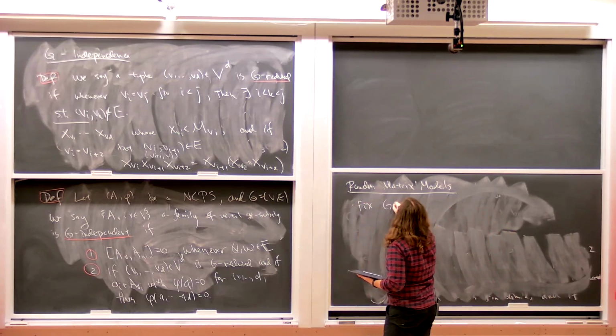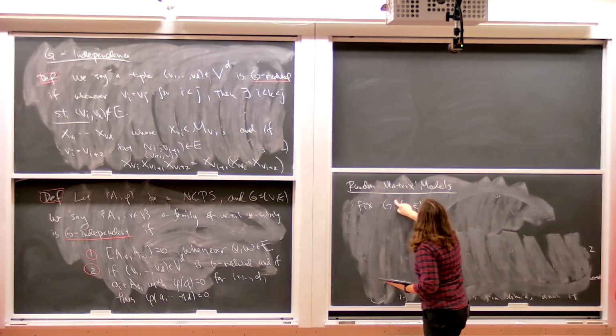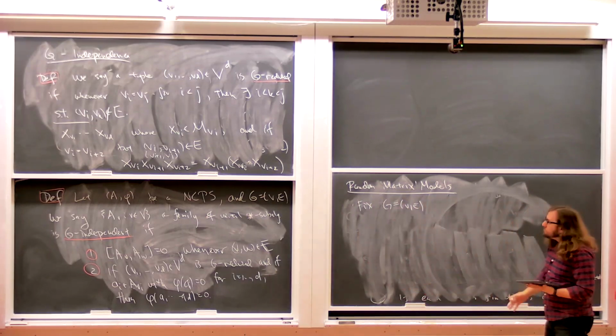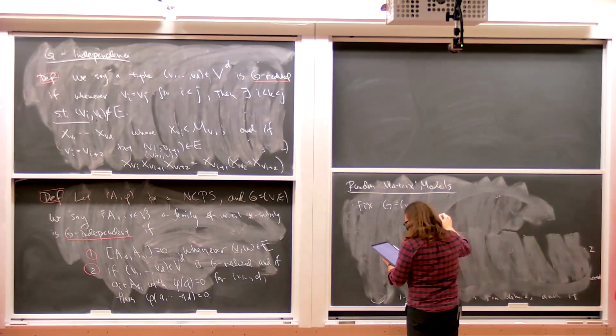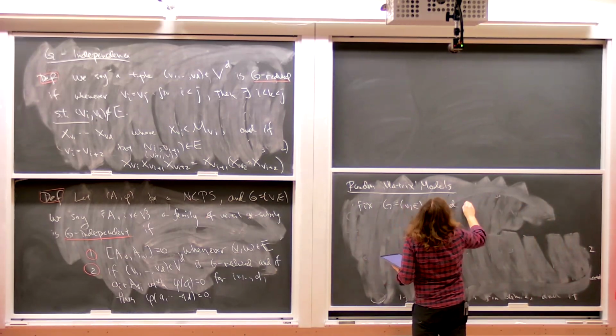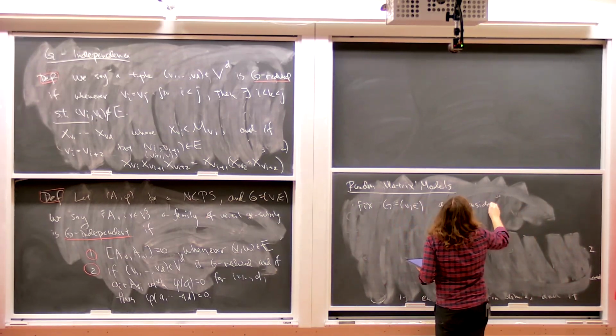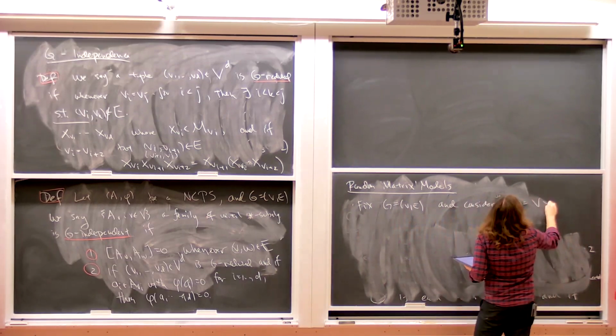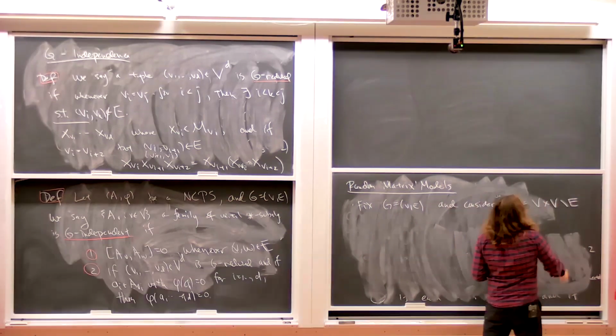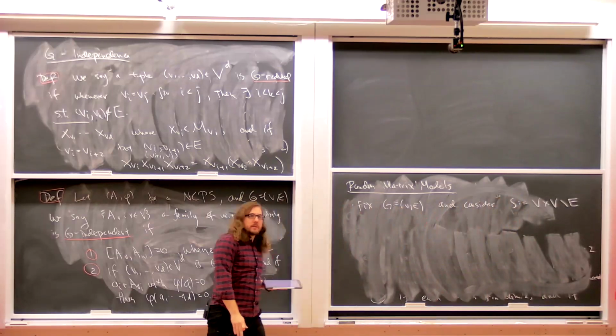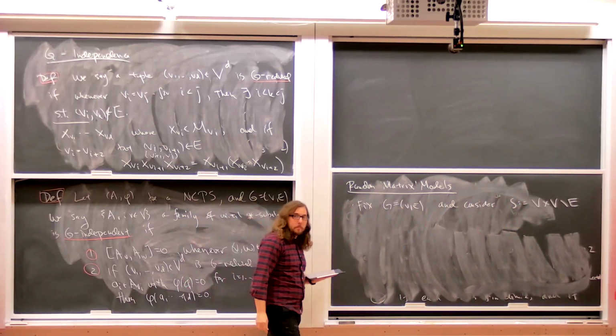So let's fix our graph. And then let me just write this. Let's consider the set S given by taking the complement of the edges inside of V times V. Okay.